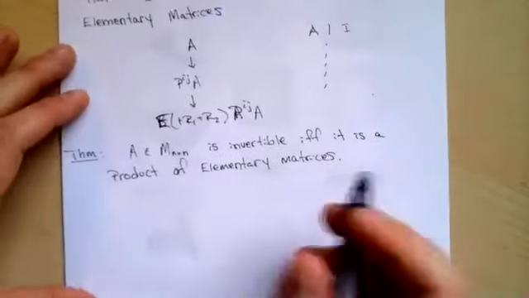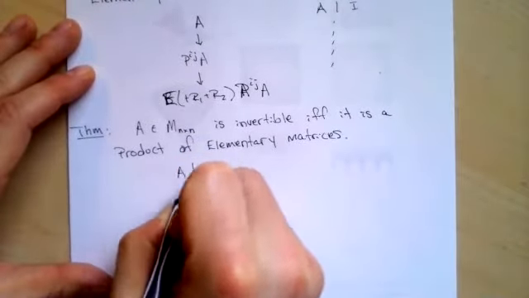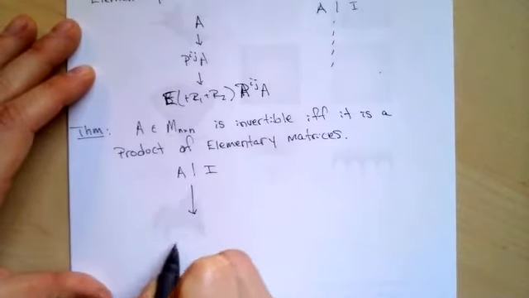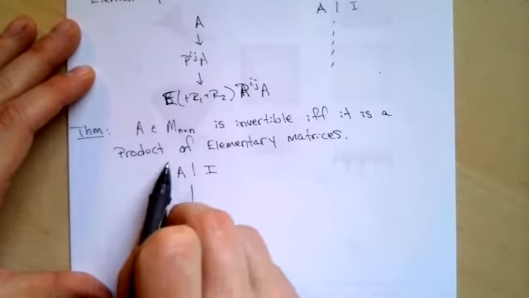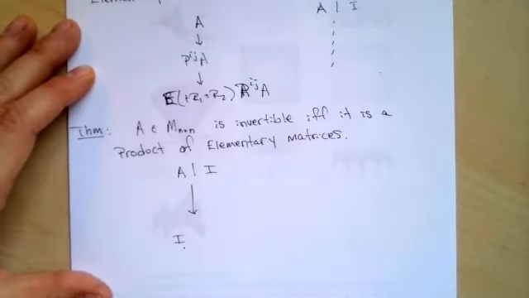Little hand wavy. I don't want to get too rigorous with it. Let me try to draw it out in some sense. We have our A. We stick with the I here. And what we do is we go through a sequence where if A is invertible, when we find the reduced row echelon form of it, we will get the identity. Right? We'll just have ones along the diagonal.